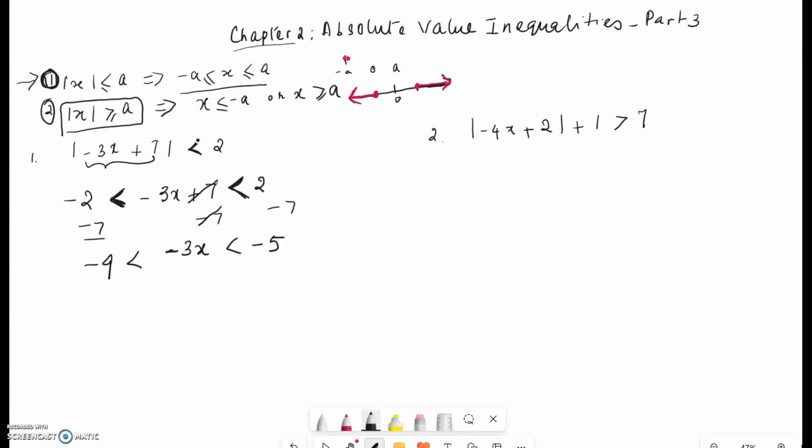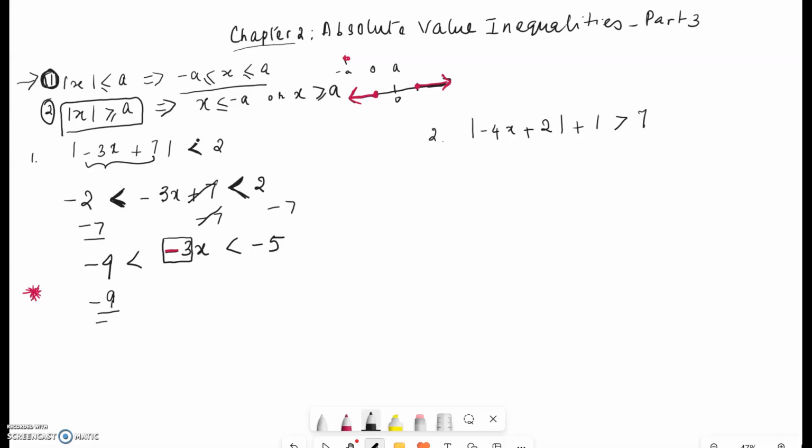Now we have to solve for x, which means we need to divide throughout, and the important thing here is it's a negative number that we're going to divide by. And remember the important rule. What happens when you divide or multiply with a negative number is the direction of the inequality is going to change.